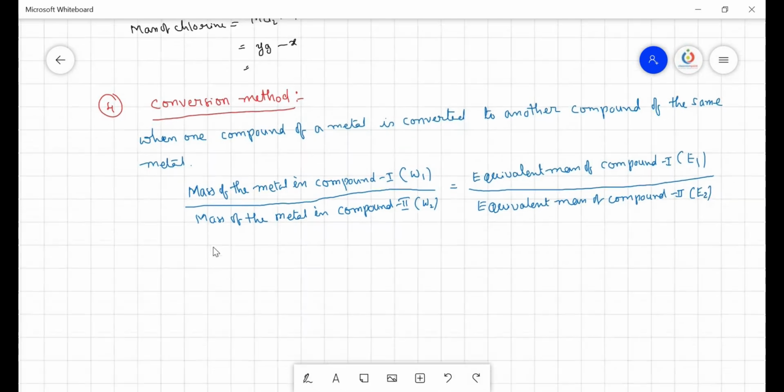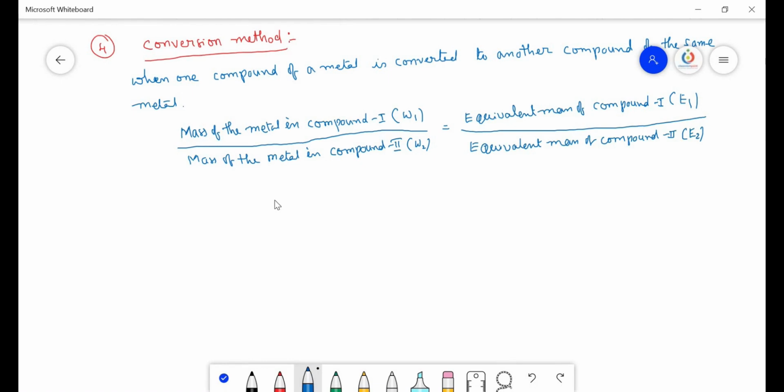So basically, W1, the first compound mass, divided by W2, the second compound mass, equals the equivalent mass of compound 1 over compound 2.